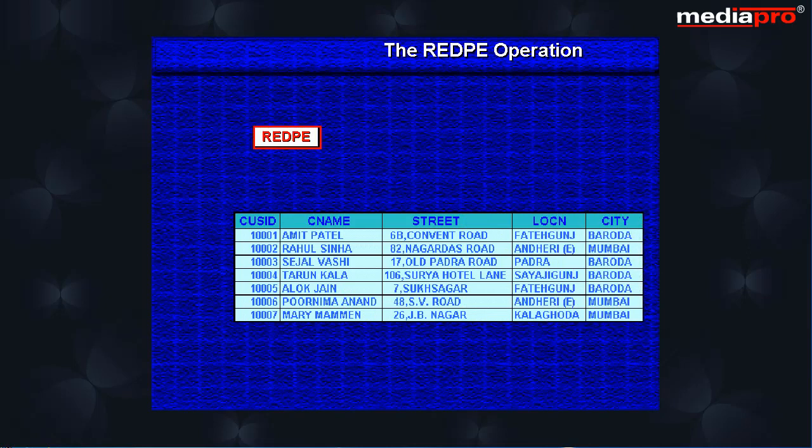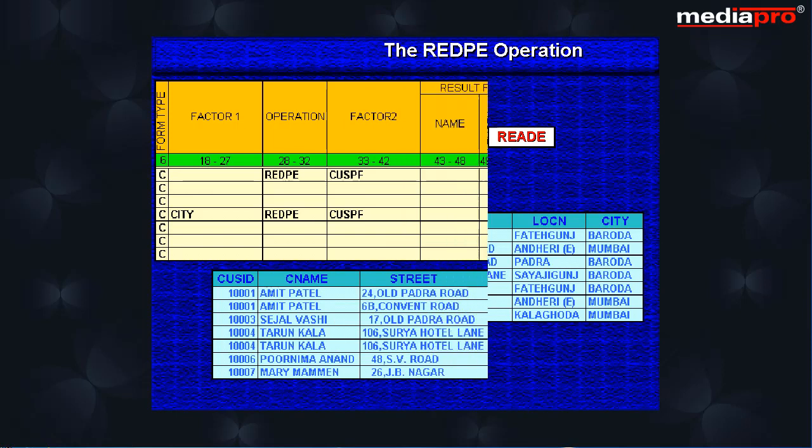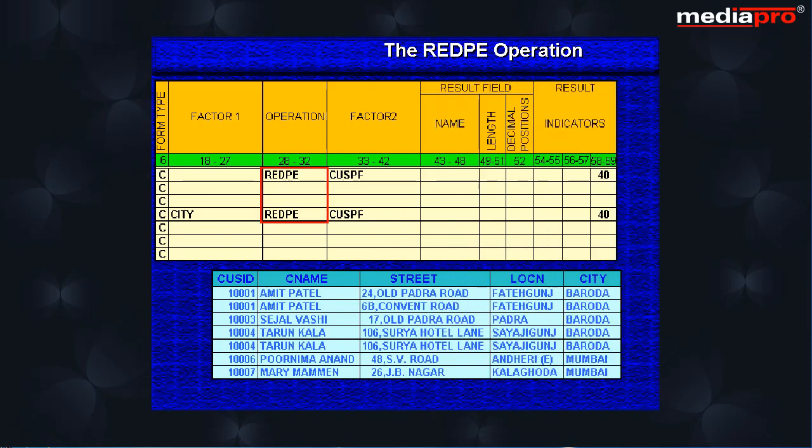You also have the READPE (read prior equal) operation, which is similar to the READE operation, except that the READPE operation reads backwards. As with the READE operation, factor 1 is optional. If it is present, the key field value of the record being read is compared with the entry in factor 1.